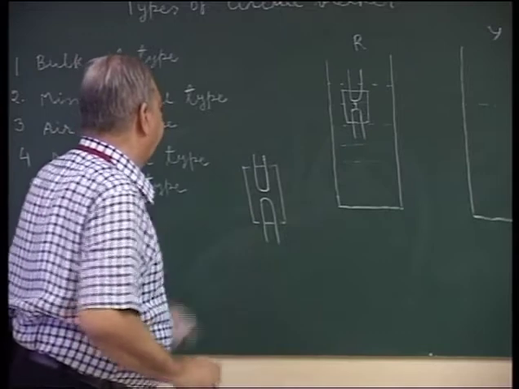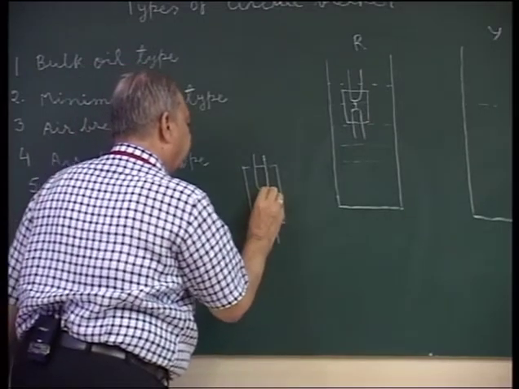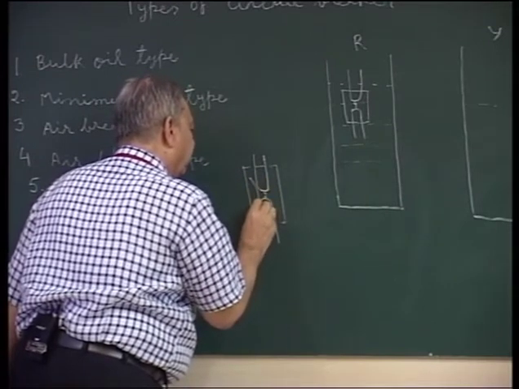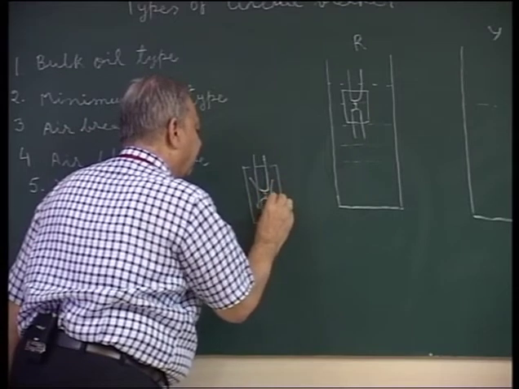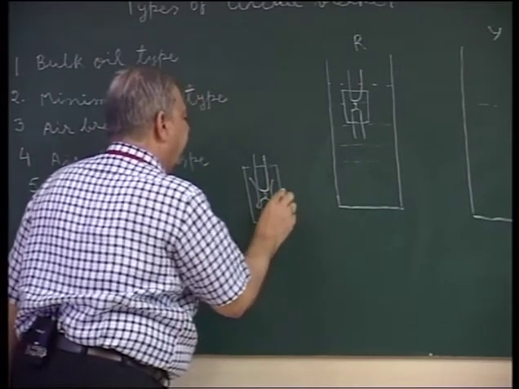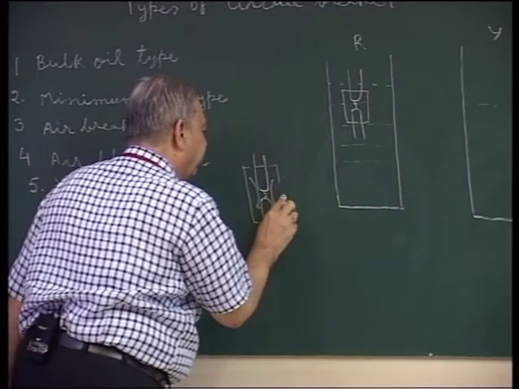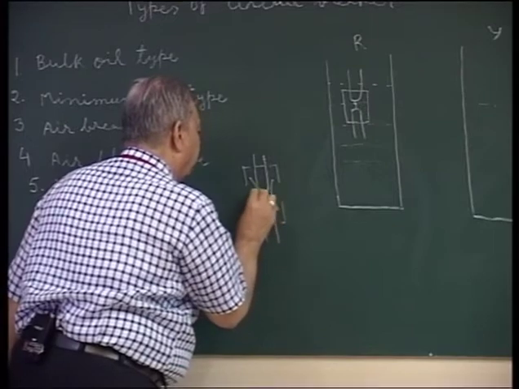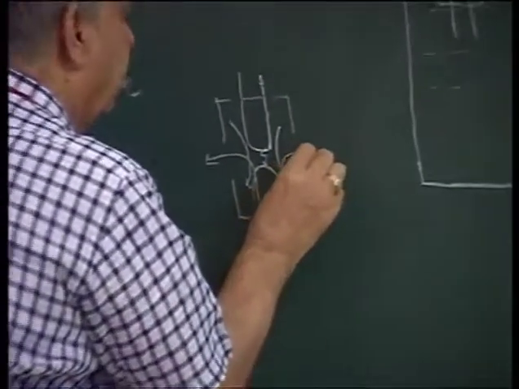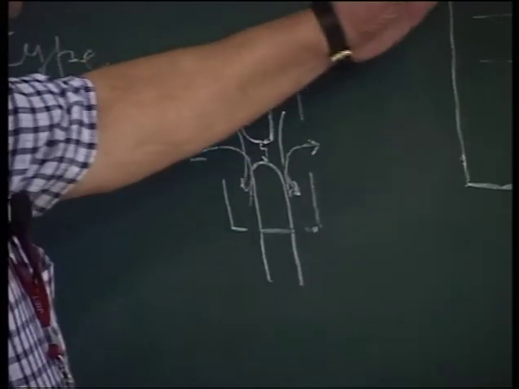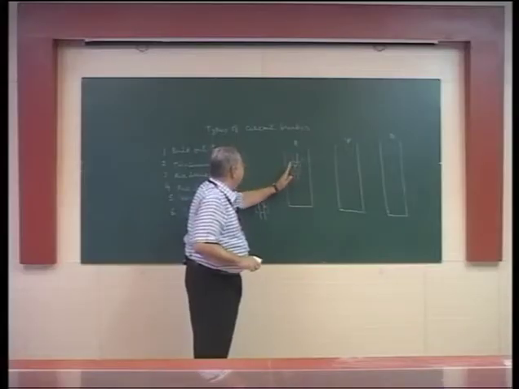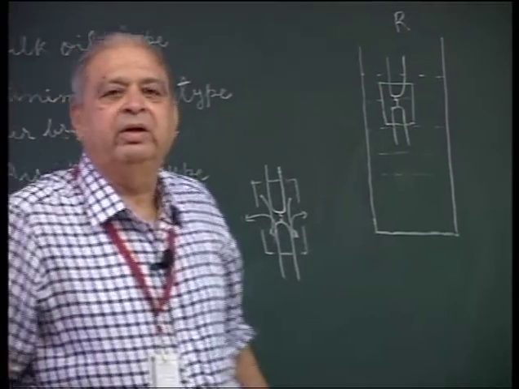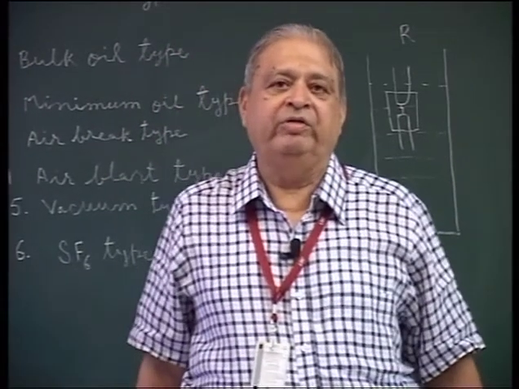So that when the arc strikes, the oil can flow like this, and due to windows present on the periphery, the oil will also move. So oil moves outside these chutes axially as well as radially, and therefore remaining oil in the bushing is also utilized for arc quenching purposes.